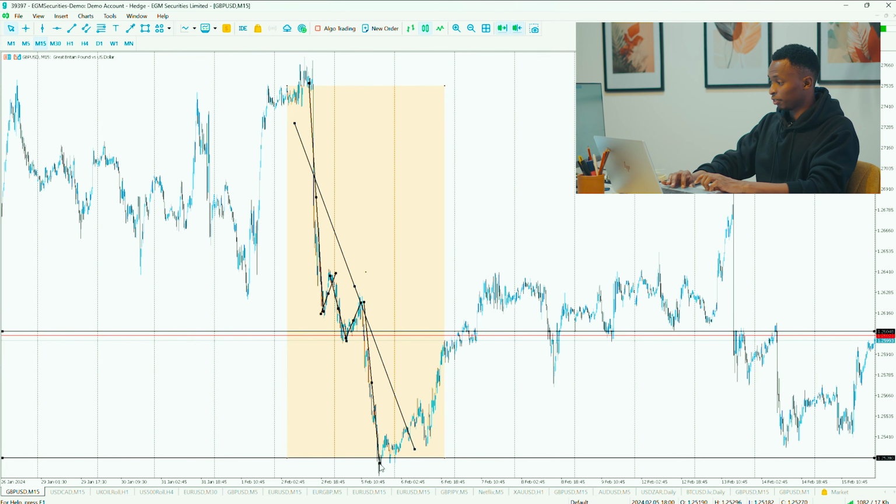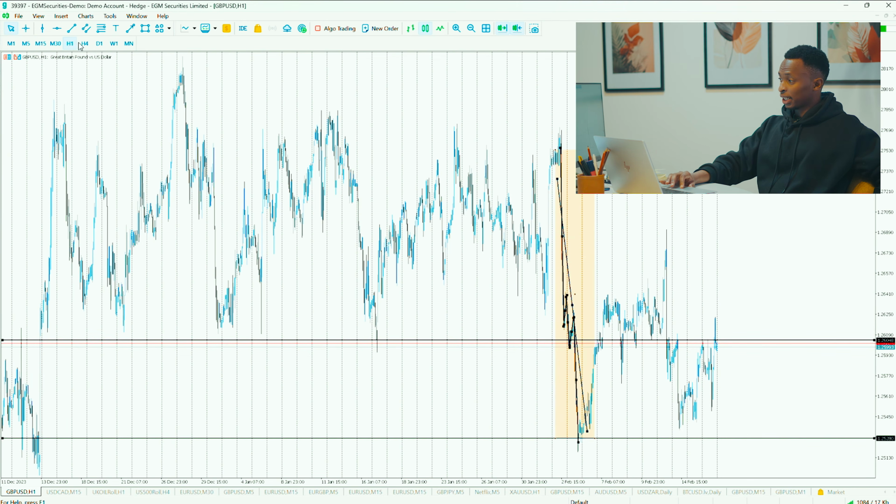Till eventually we had a change or a shift of market structure and the prices started going higher. So in this case, you can see that there is a mini downtrend inside a larger impulse move, which might not be visible here.